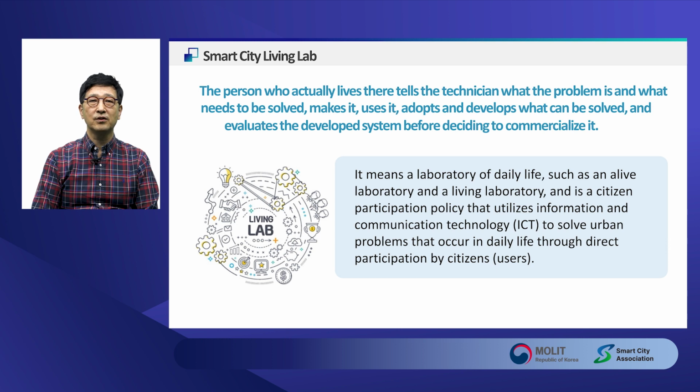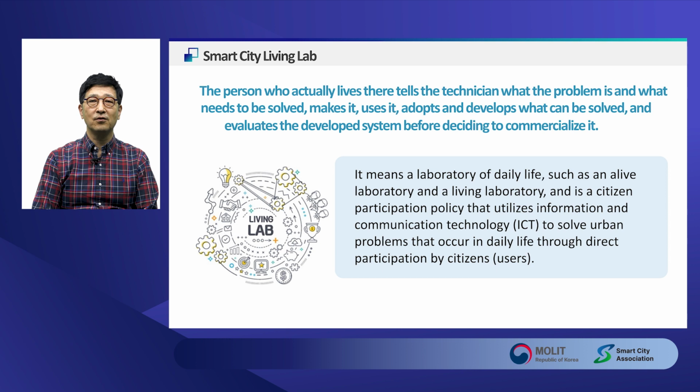We need a methodology to materialize the citizens' consensus and active participation, which are essential for building a smart city. And the Smart City Living Lab is the solution. Previously, experts failed to predict citizens' needs through unilateral administrative services.